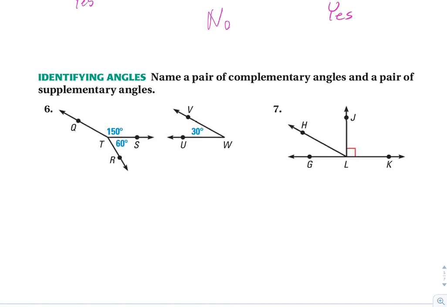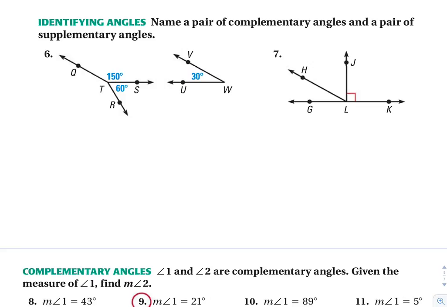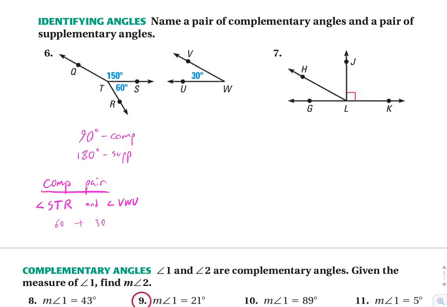Okay. Name a pair of complementary angles and a pair of supplementary angles. Let's see. So, we want something that adds up to 90. That's complementary. And we want something that adds up to 180. That's supplementary. So our complementary pair is, let's see, we got angle STR, that's 60 degrees, and angle VWU, which is 30, because 60 plus 30 equals 90.